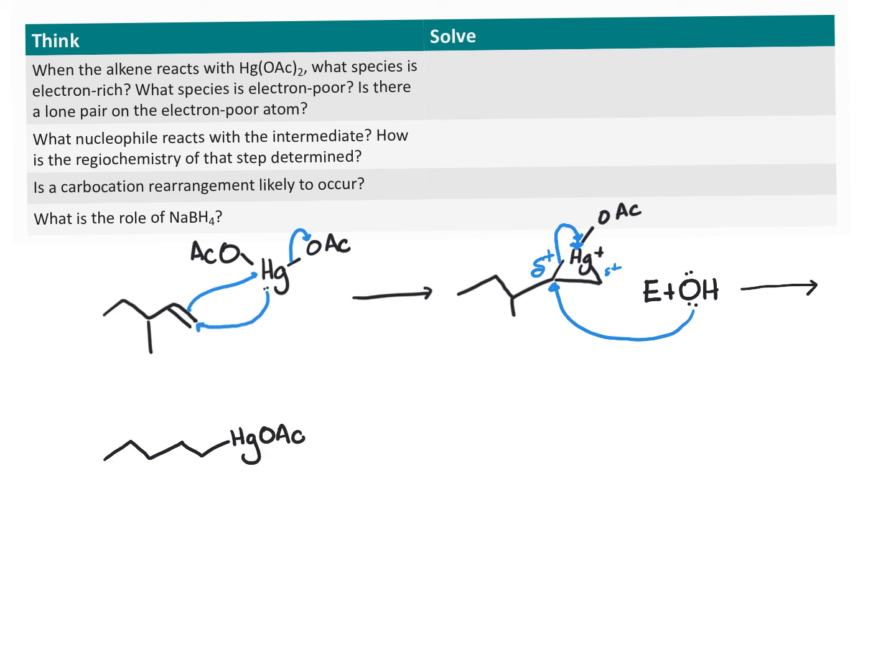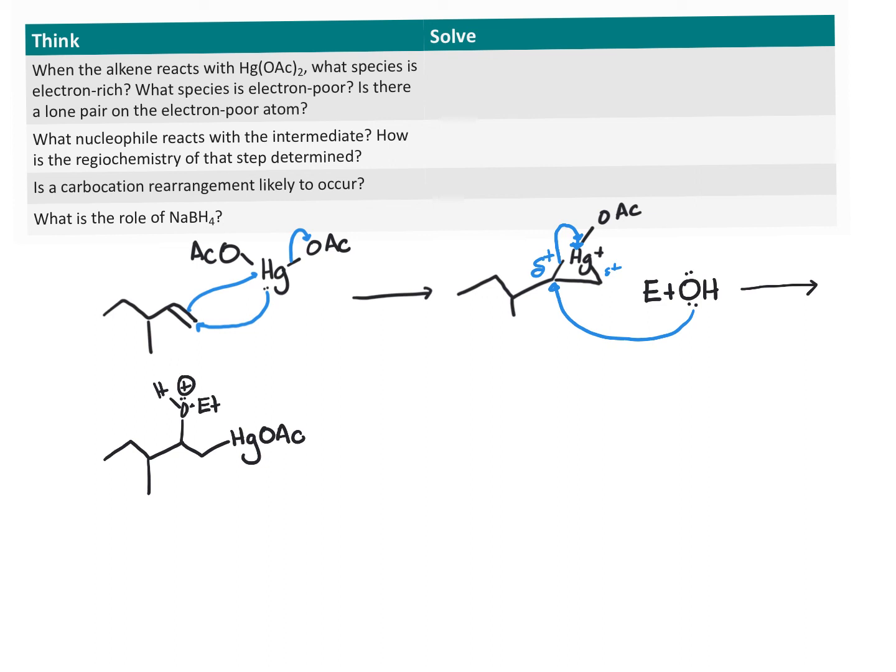And I'm drawing my next structure here. Right, and there we go. I'm just double checking that I haven't lost any bonds. Okay, so we've got this structure here, and then we're going to see a proton transfer.